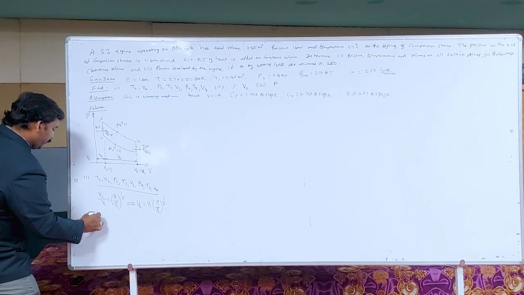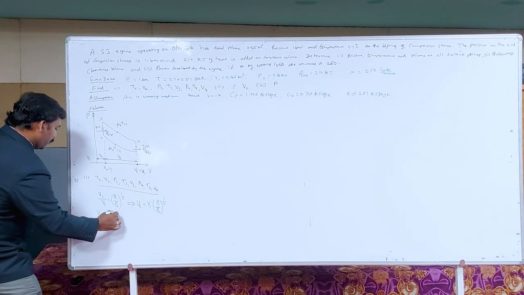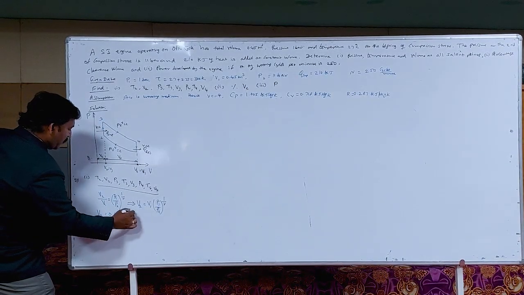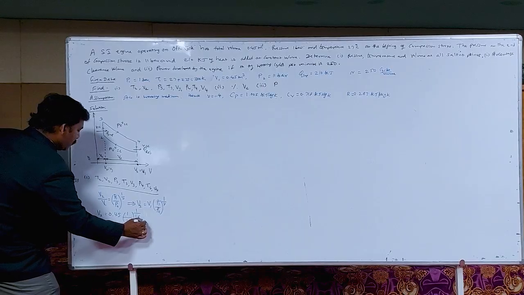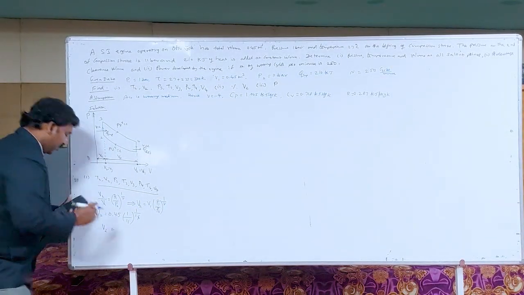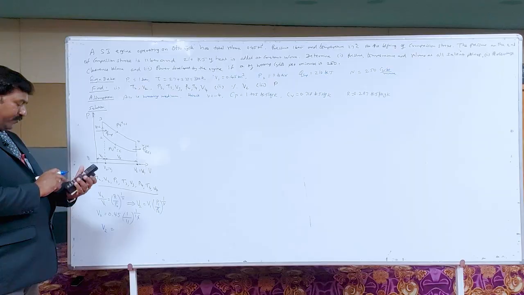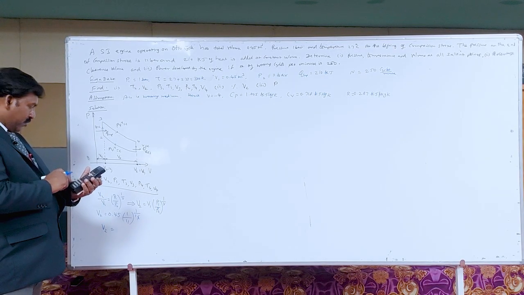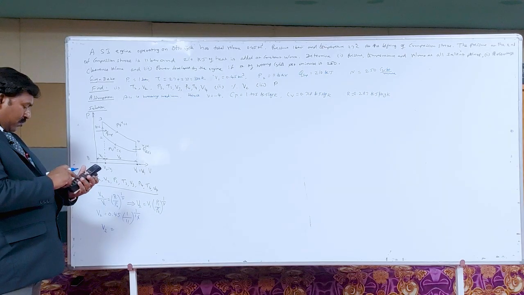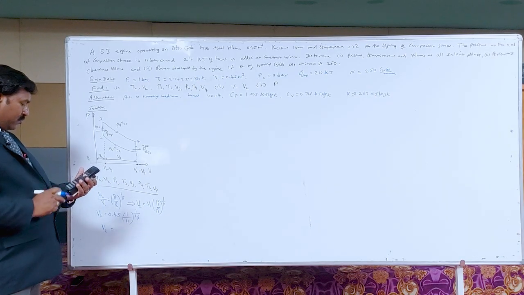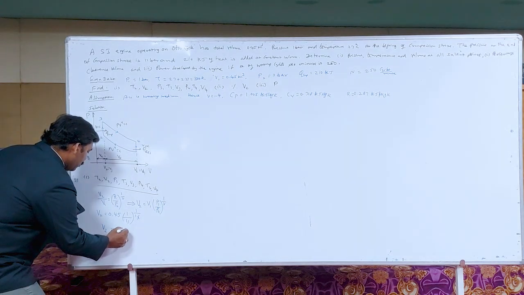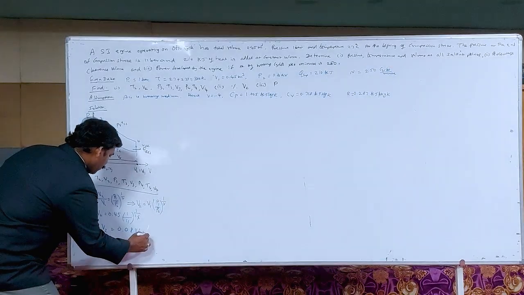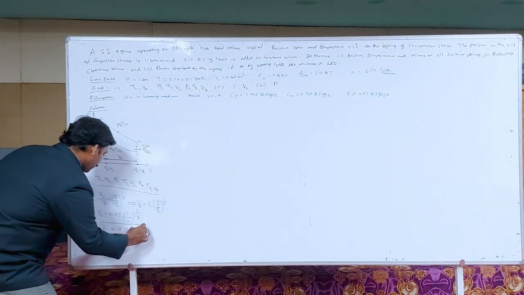So substitute V1, which is 0.45, P1 is 1 bar and P2 is 11 bar, power 1 divided by 1.4. So we get V2 is equal to 0.45 into 1 divided by 11 power 1 divided by 1.4. So I get 0.08116 meter cube. So this is V2.